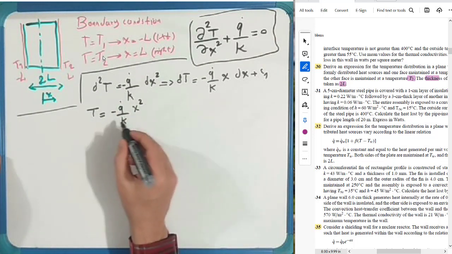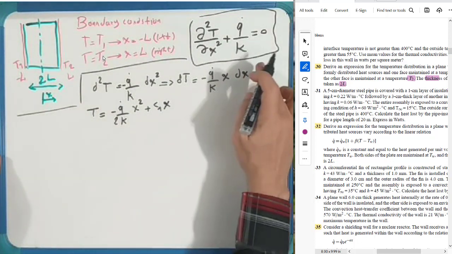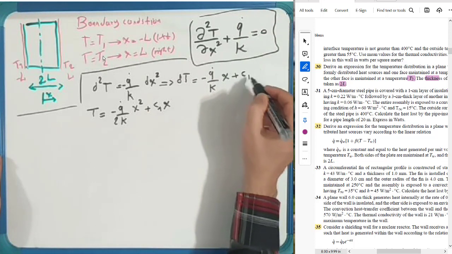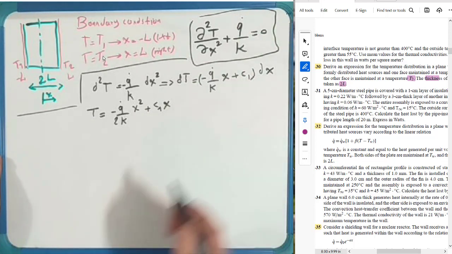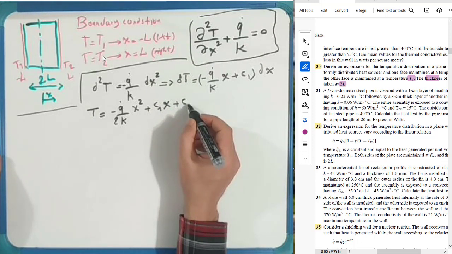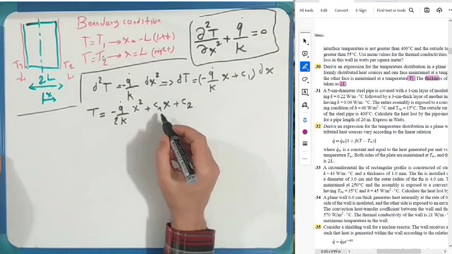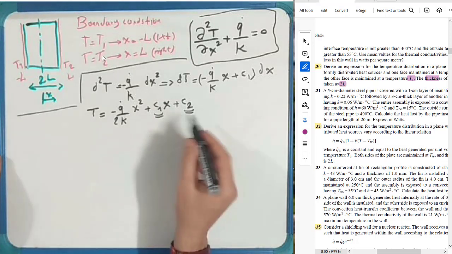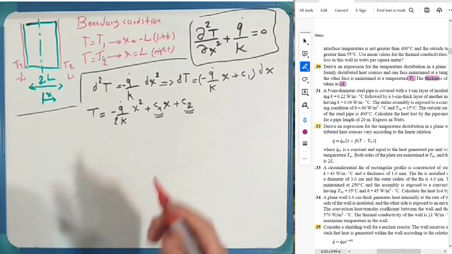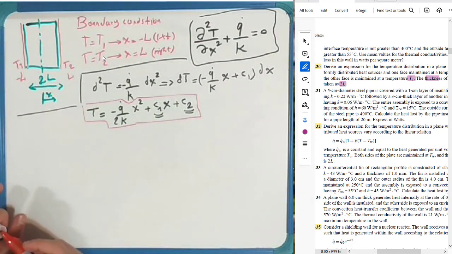This is our formula, but we don't know these two constants. Let me highlight this main formula.